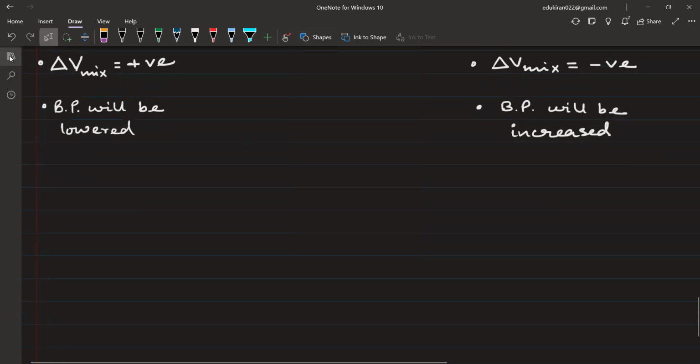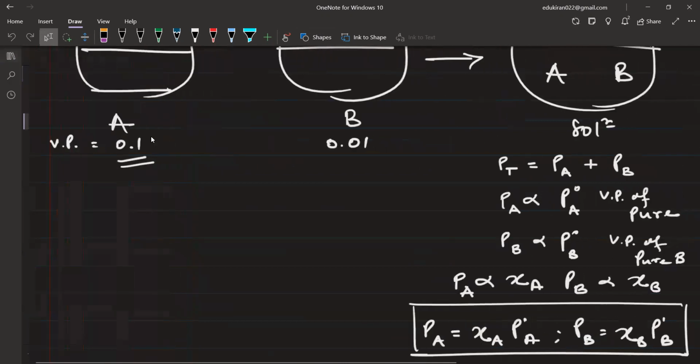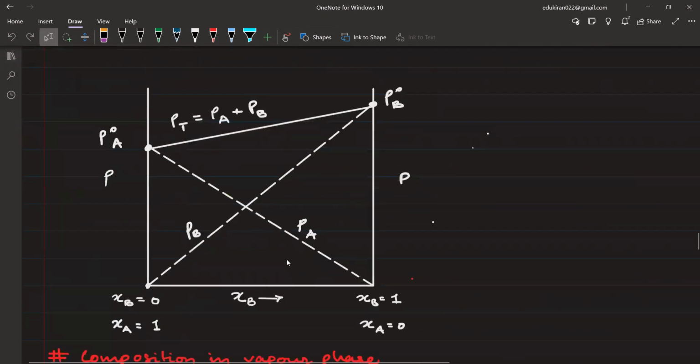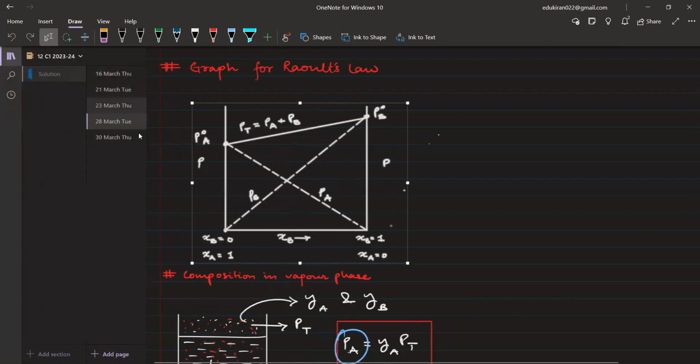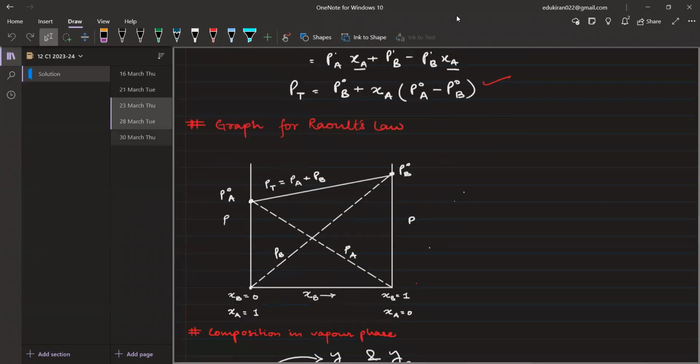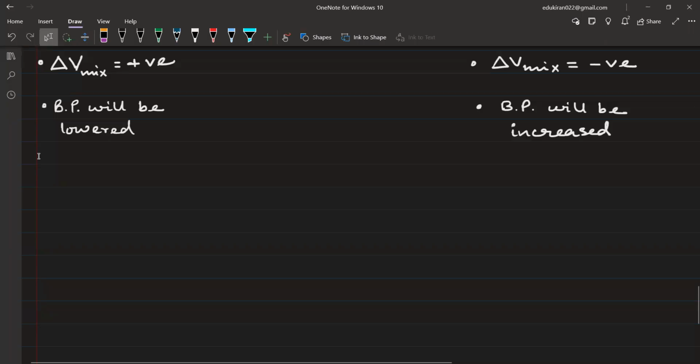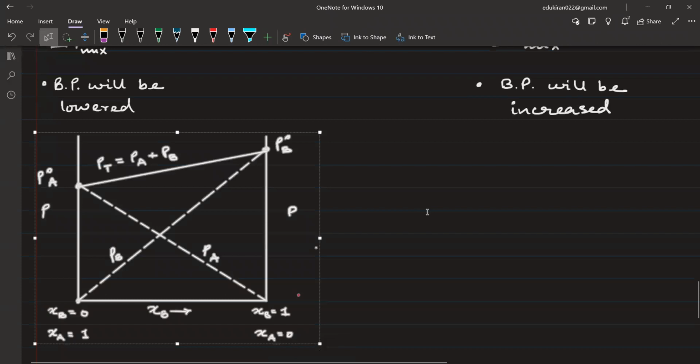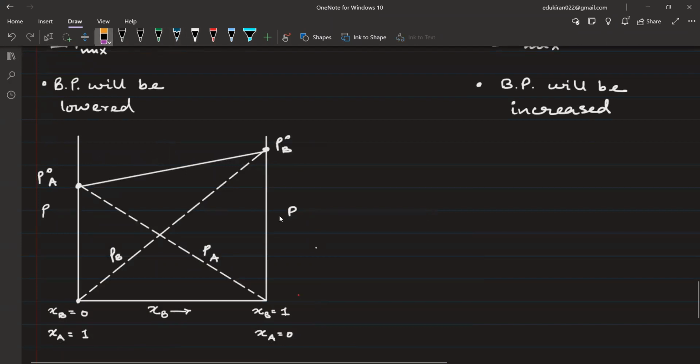Okay, we have seen the graph of Raoult's law. Let us first take the graph of Raoult's law, and according to that we will look at this. Give me a second. Let us remove these things first of all. What is the vapor pressure when we are adding the two liquids?